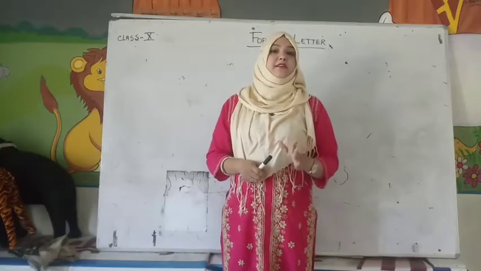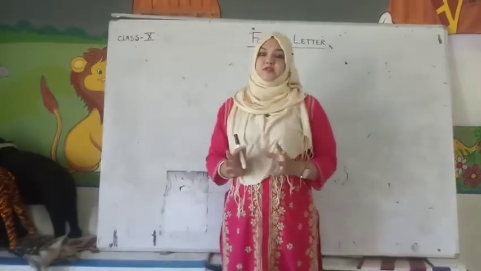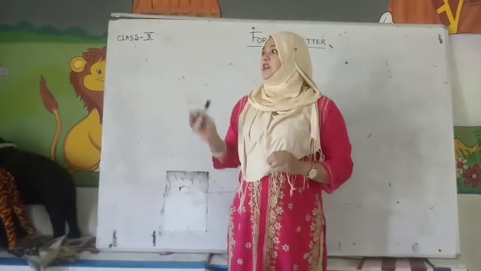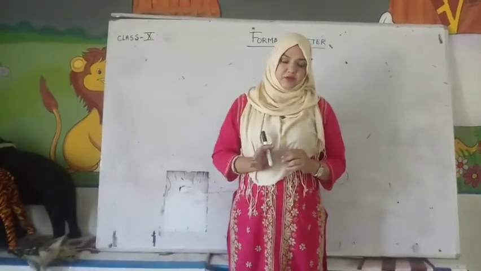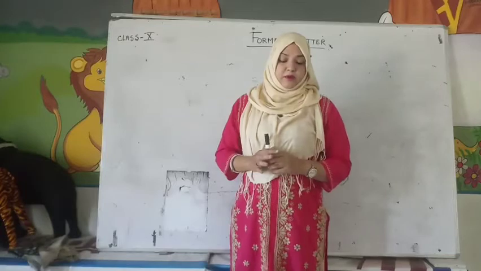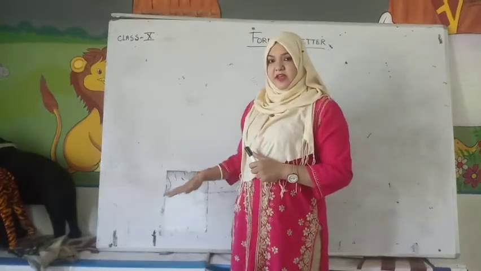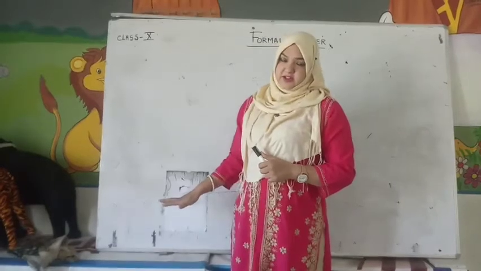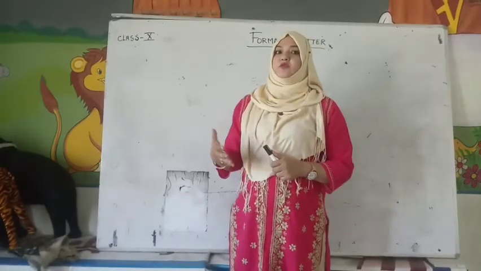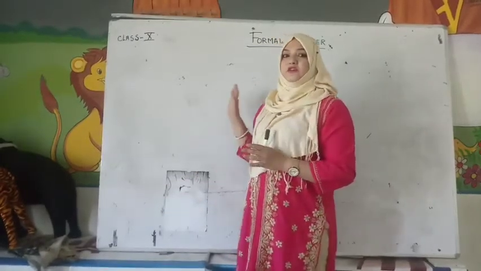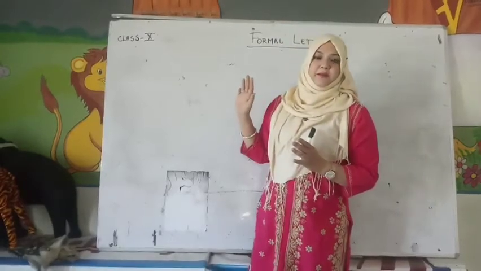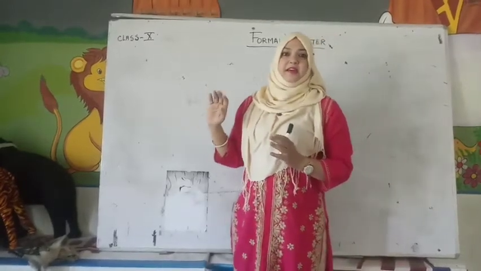The format, see children, the format of the letter should be correct, because each and everything in the letter has marks. Okay. The mark distribution, I'll tell you afterwards how the mark distribution will be there for the letters. Alright, so that you can know. Remember, you have to learn the body, you have to write the body very properly.